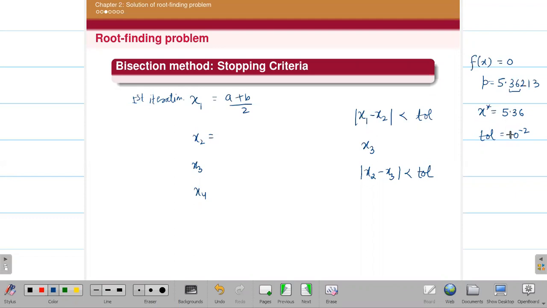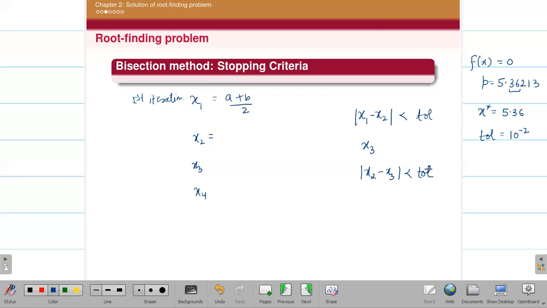Obviously if tolerance is 10 raised to power minus 1, then you have to do fewer iterations than if tolerance is 10 raised to power minus 2. If you increase the decimal places for the accuracy, then obviously the iterations will increase.